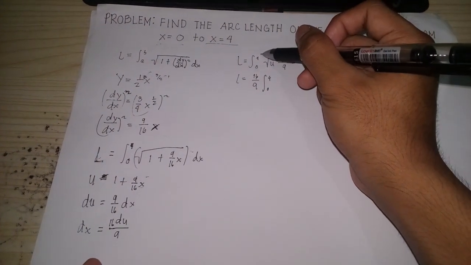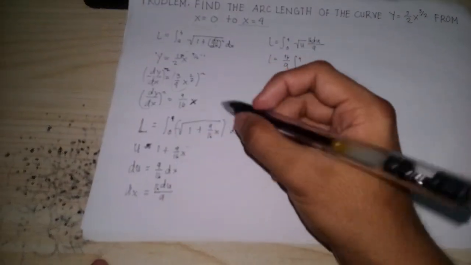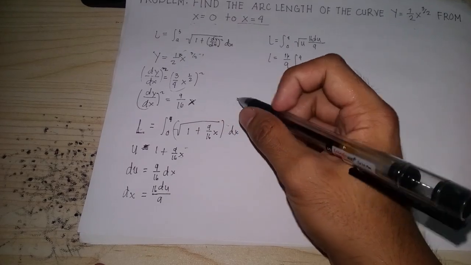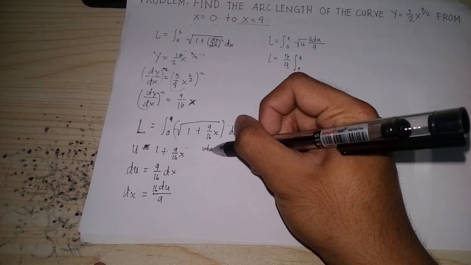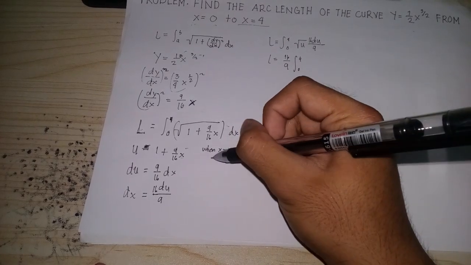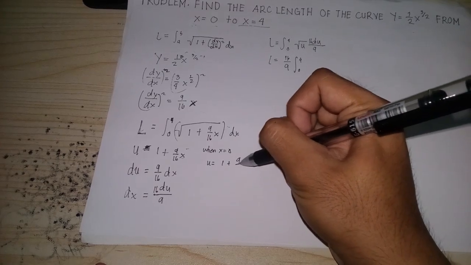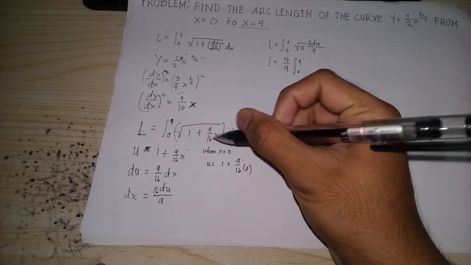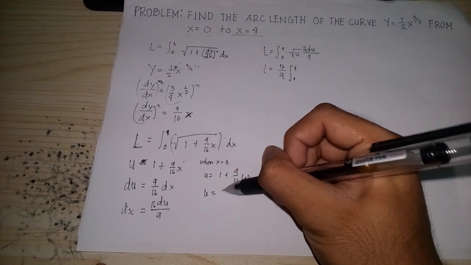This limit here is not our final limit, so we also need to change that limit. When our x is equal to 0, then our limit from a will become 1.